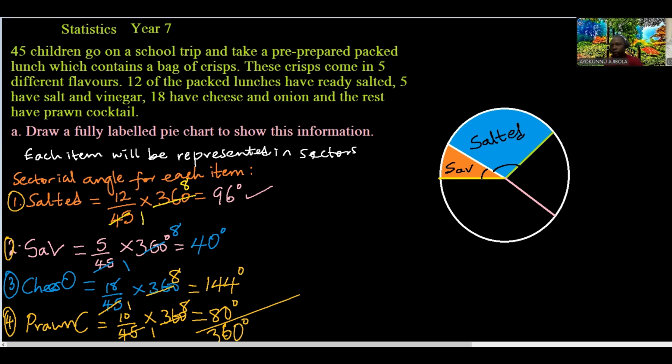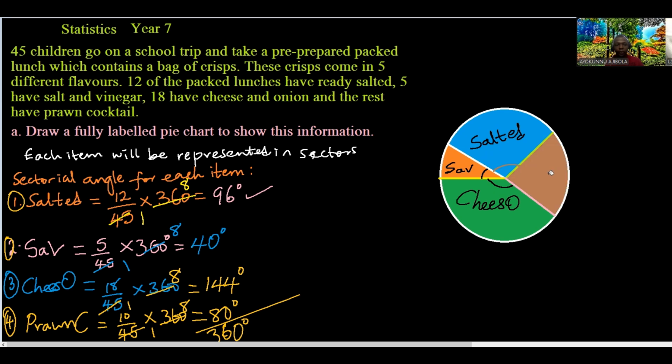So I'm going to have the region here as my 144, which is going to be cheese and onion. Call it cheese whole. And the last region, that black region, paint it brown. So automatically, this becomes the last one, which is the 80.